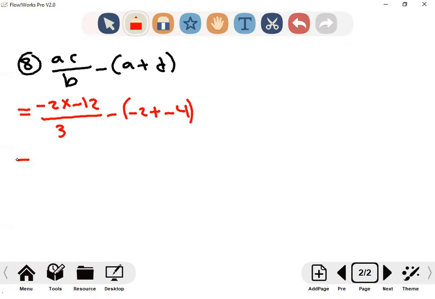So we prepare the fraction first. -2 multiply -12 is positive 24. Why positive? Similar signs. We said in multiplication and division, similar signs, the answer is positive. Now here, minus, and now let's prepare inside the bracket. -2, -4.